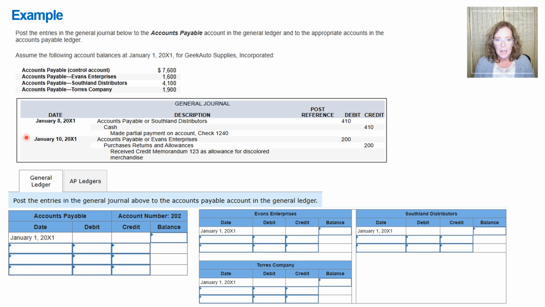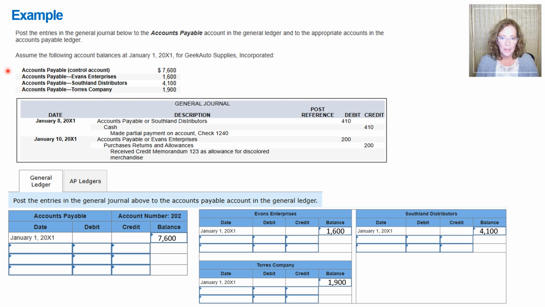The January 10th transaction is a credit memorandum with a debit to accounts payable and a credit to purchases, returns, and allowances for $200. Below that, we have the general ledger account, accounts payable, and next to that, the three vendors' subledger accounts. One for Evans Enterprises, one for Southland Distributors, and one for Taurus Company.